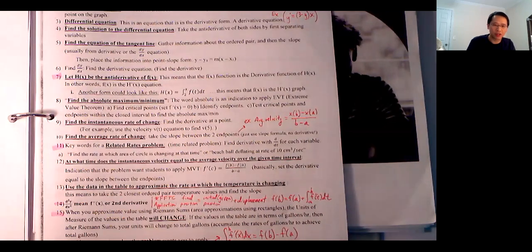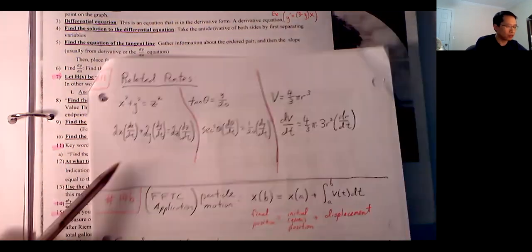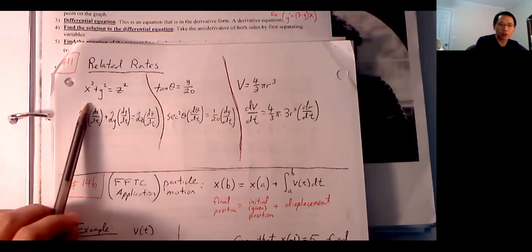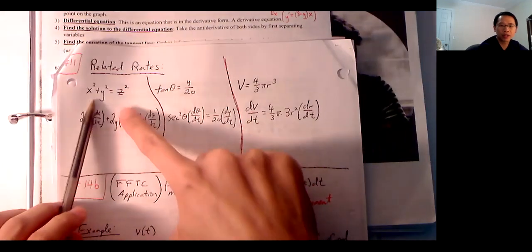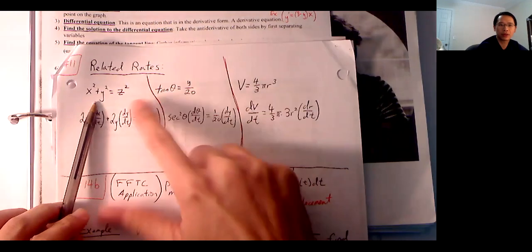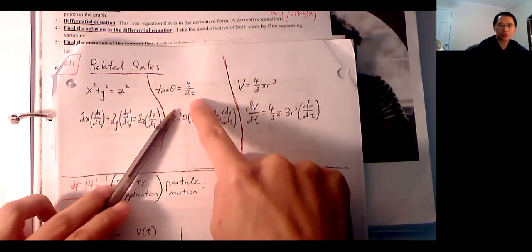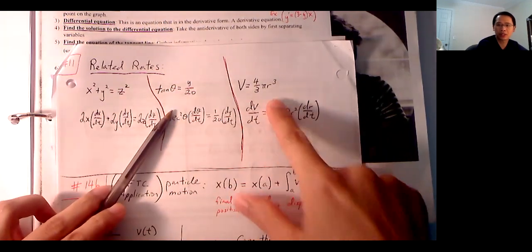So let me give some quick examples of what you would do once you get to that point. With related rates, and this is off of the addendum sheet here, you're always going to be creating some sort of an equation, whether it's algebraic or trig or geometric.